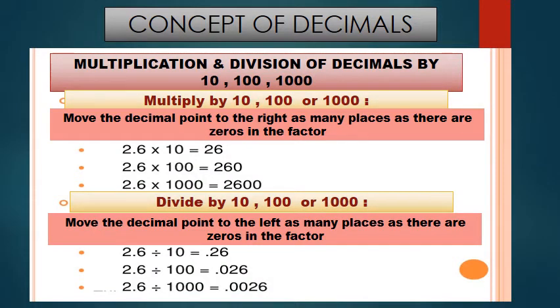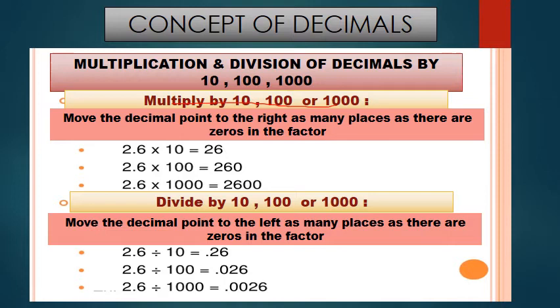Okay, my dear students, let's start with concepts of decimals: multiplication and division of decimals by 10, 100 and 1000. So let's begin. Multiply the decimal number by 10, 100 or 1000.